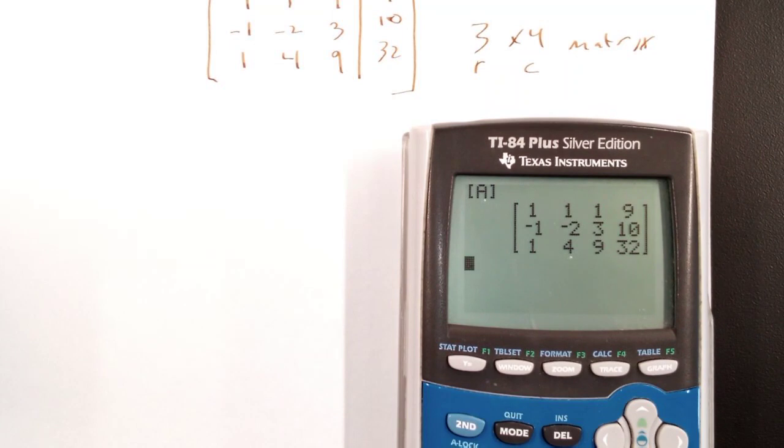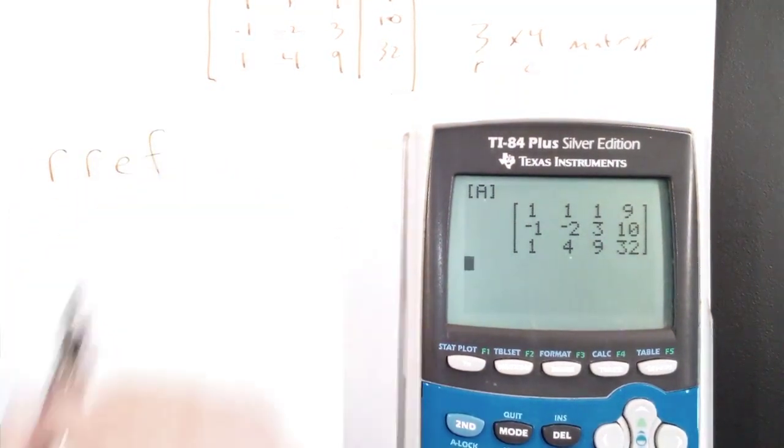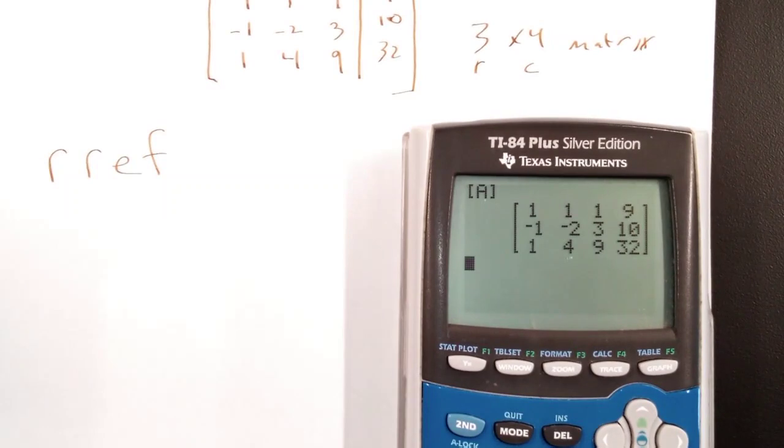The way to get the answer out is to put this matrix in what is called reduced row echelon form. RREF. So I'm going to go back to that matrix menu.